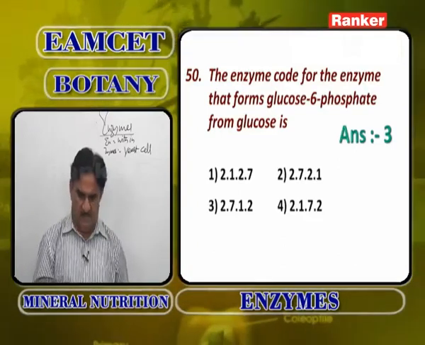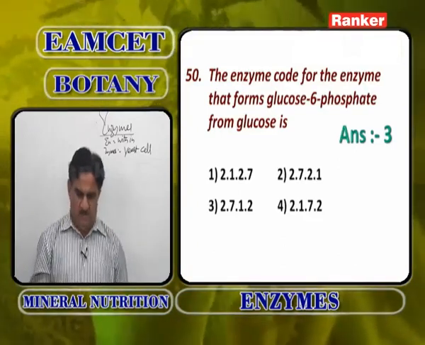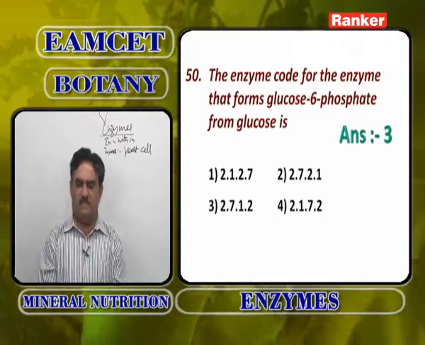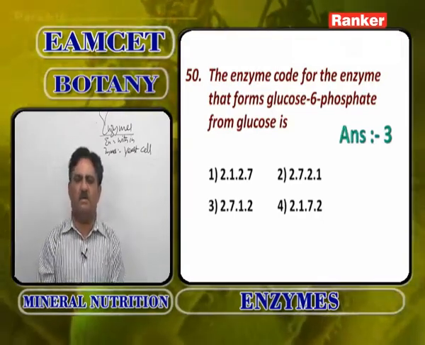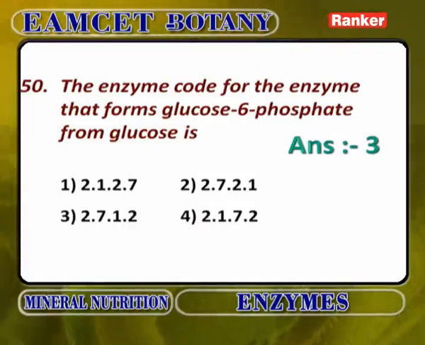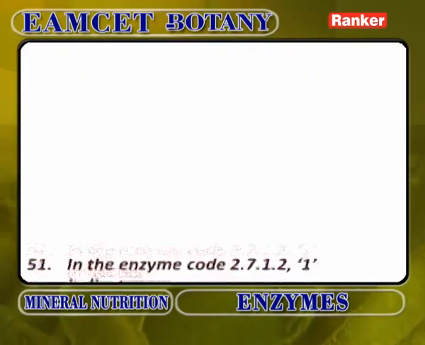So, the enzyme code for this is 2.7.1.2. 2.7.1.2 is the enzyme code of the enzyme that forms glucose 6-phosphate from glucose. 2 stands for the class, 7 stands for the subclass, 1 stands for the sub-subclass. The last 2 stands for the serial number of that enzyme in that particular sub-subclass. So, the answer is 3.